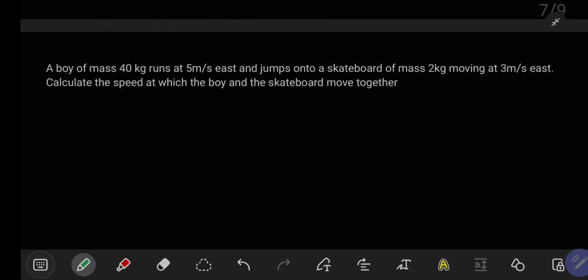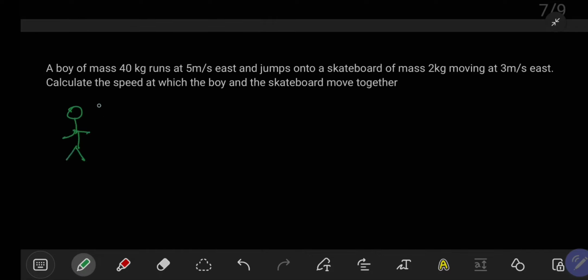Now when we try to analyze this situation, we have a boy, and this boy has a mass of 40 kg, and the velocity of this boy is 5 meters per second east. Then the boy jumps on a skateboard.